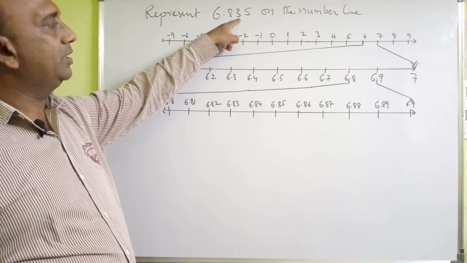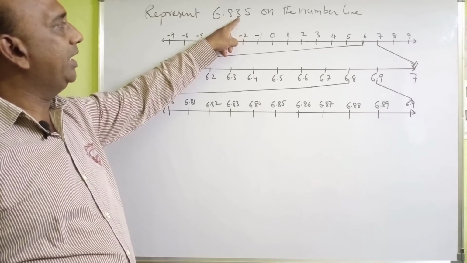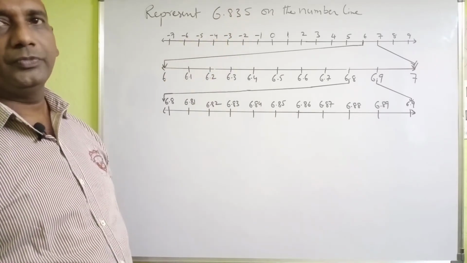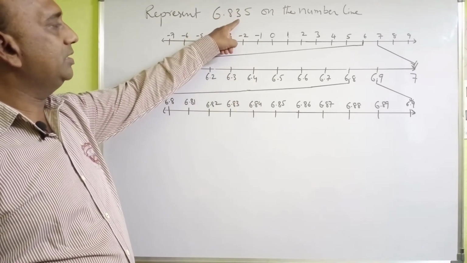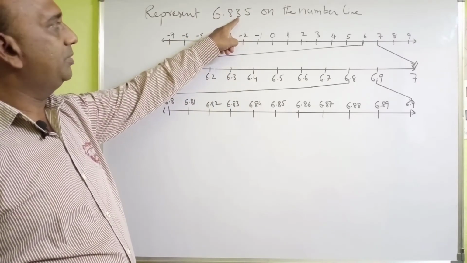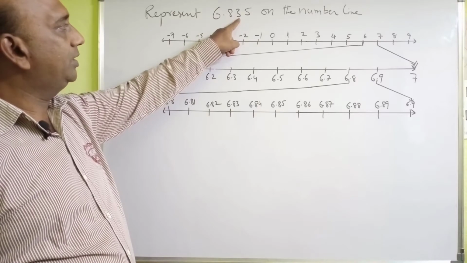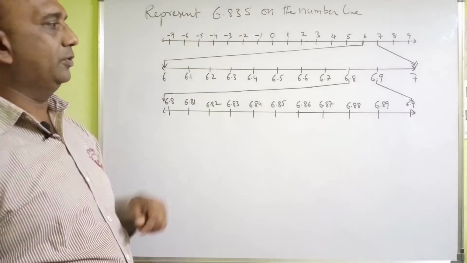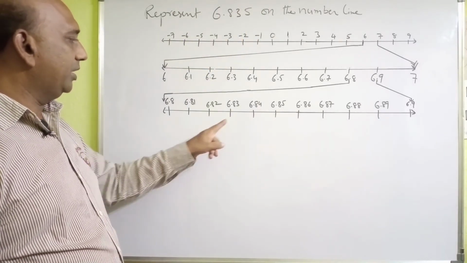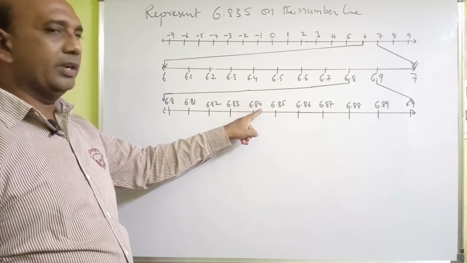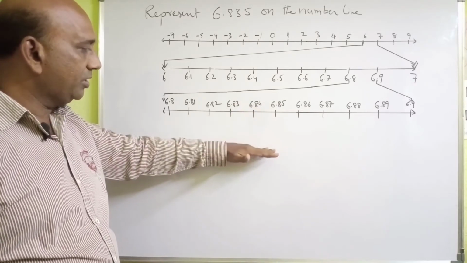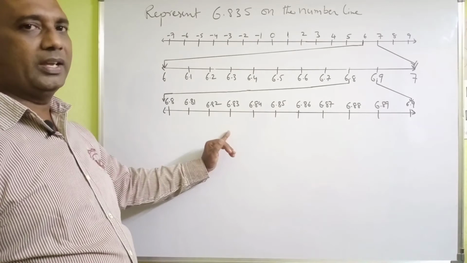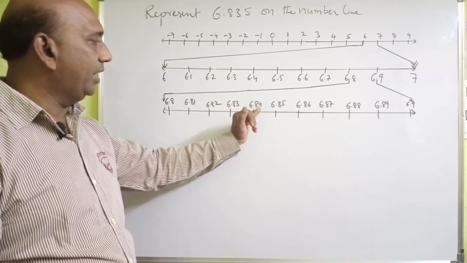So we have to take the rational numbers between 6.83 and 6.84. That is 6.83 is this and 6.84 is this. So on the next number line, we have to take the rational numbers between 6.83 and 6.84.